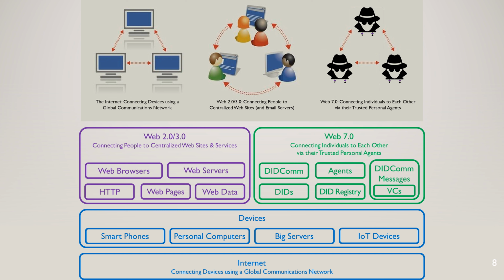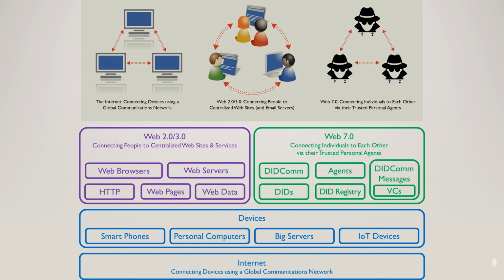The new world of Web 7.0 on the right is focused on having your own personal, trusted digital agent. And we see that in the middle of the green box. The protocol here is called DIDComm. It's what one trusted personal agent uses to talk to another trusted personal agent in a secure and private means. And those trusted personal agents exchange something called DIDComm messages.